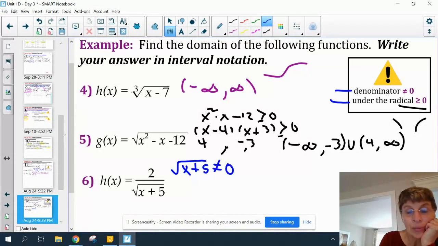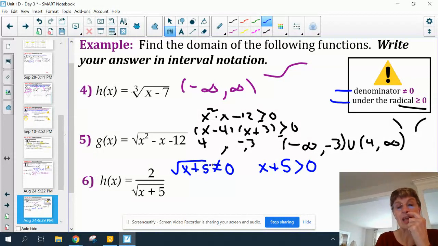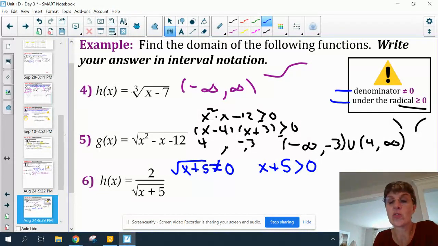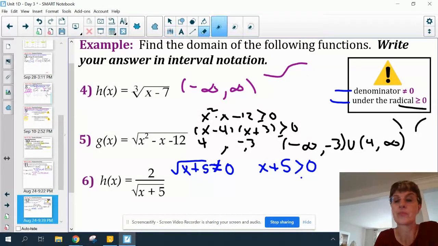But even more specific, what's underneath the radical, called the radicand, has to be positive. Now, normally I put a bar right there. But if it's in the denominator, it can't be equal to 0, so I don't want the bar. So we're kind of killing 2 birds with 1 stone by taking out that bar. So when the radical's in the denominator, don't use the bar.